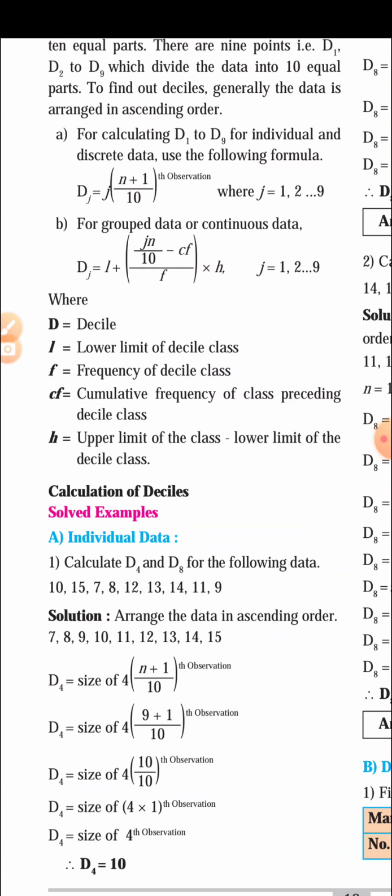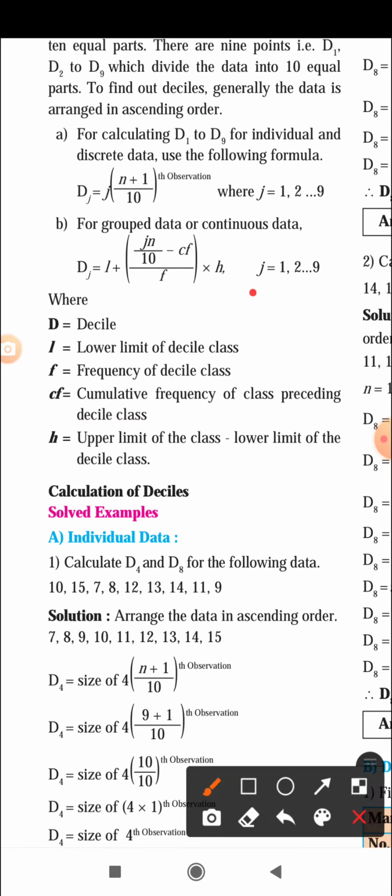Here J indicates 1, 2, 3, 4, 5, 6, 7, 8, 9 for the 9 deciles.